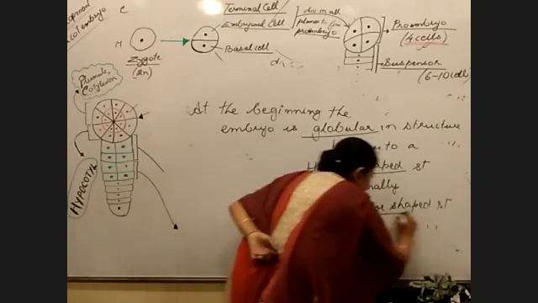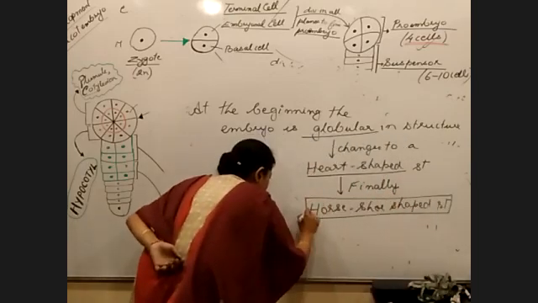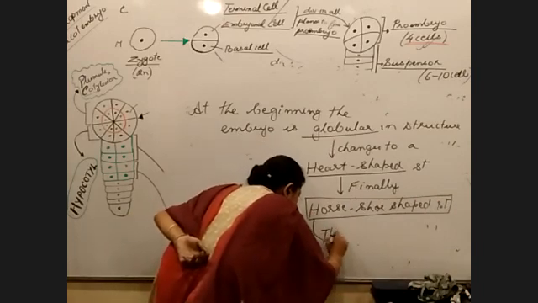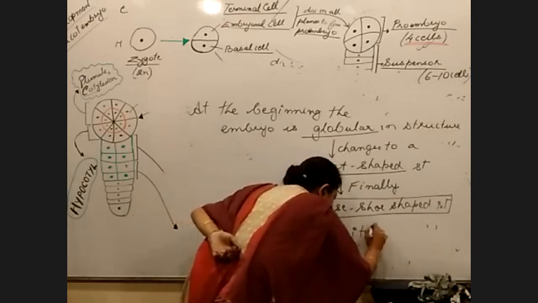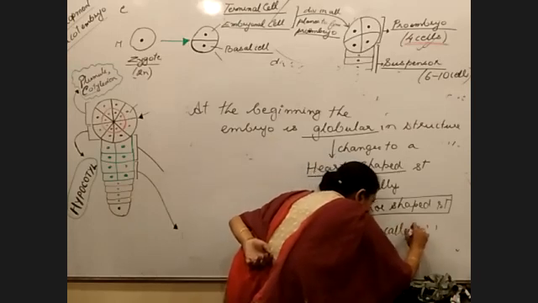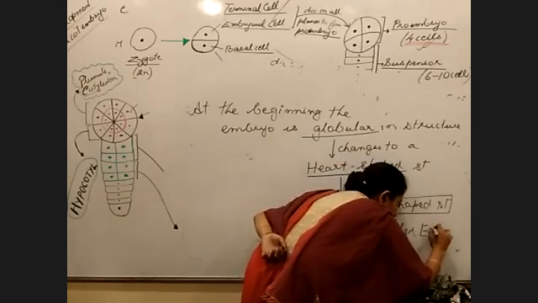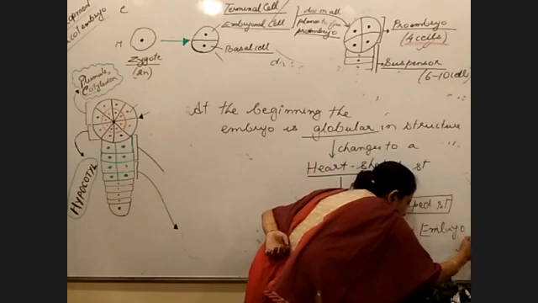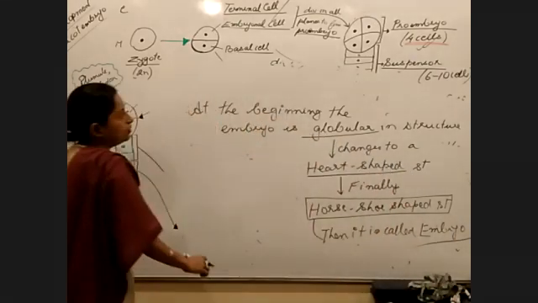And when it becomes a horseshoe-shaped structure, then it is called embryo. Just read the line whether you have understood or not.